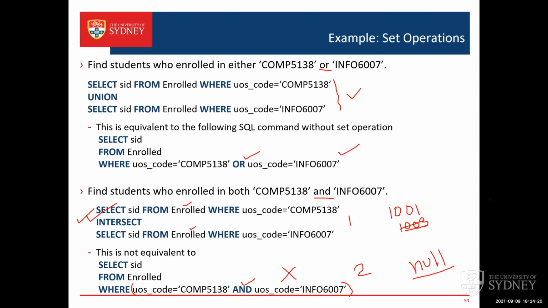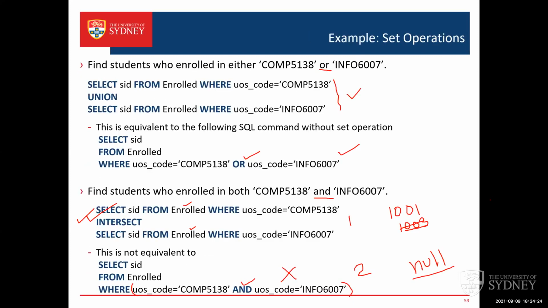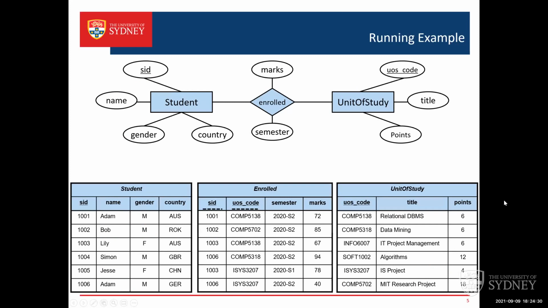Okay, so that's about it from last week. We'll talk more about set operations today. This is the table that we are going to use for today's lecture. There is a simple change: in this enroll table, I have now added marks so that I can perform some operations and show you.